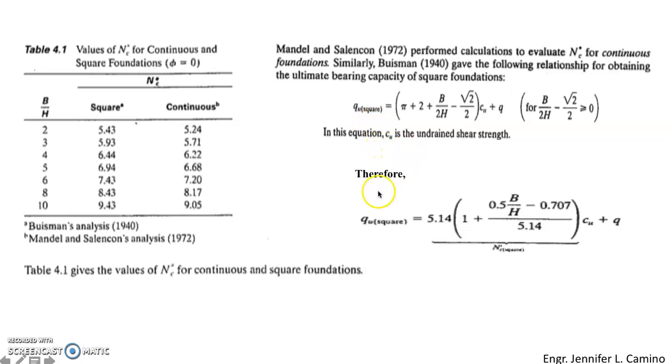It can be reduced to this form. So this is now the formula for the ultimate bearing capacity for a square foundation according to Weismann. Based on his theory, this is the equation to be used.